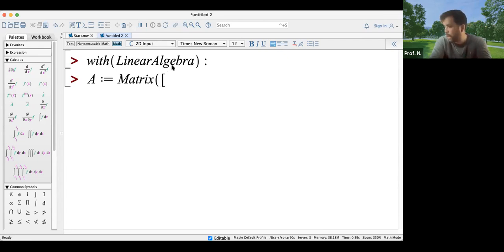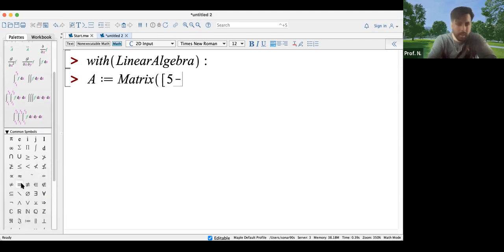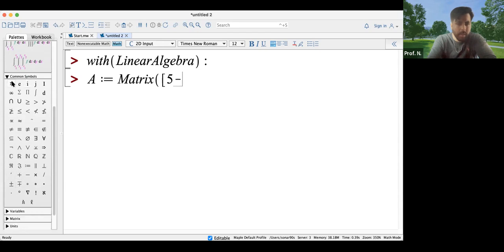Oh, okay, so I think I have to specify. Hold on. Yeah, you don't have to specify. So you can just write it out. So you can write this as 5 minus, they do have lambda, I think. Do they have lambda? They don't have lambda.